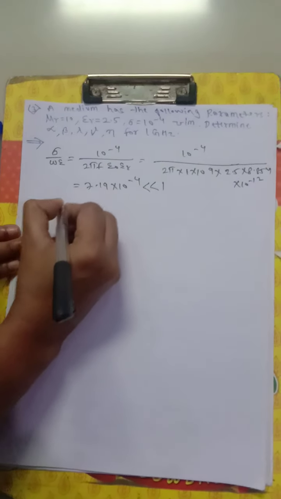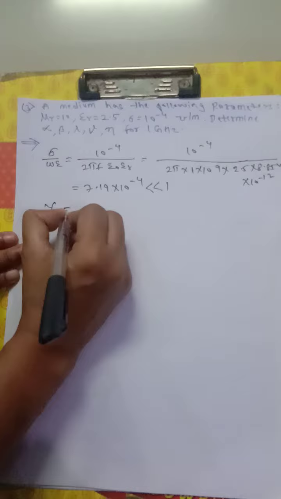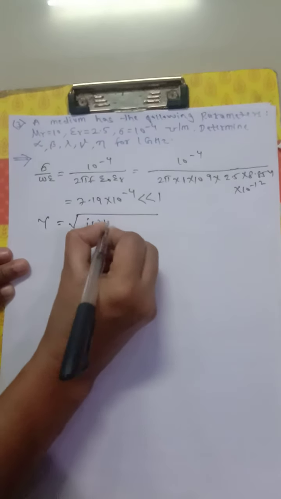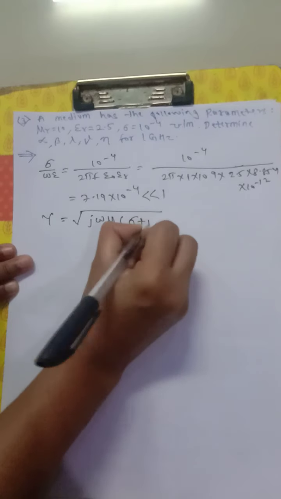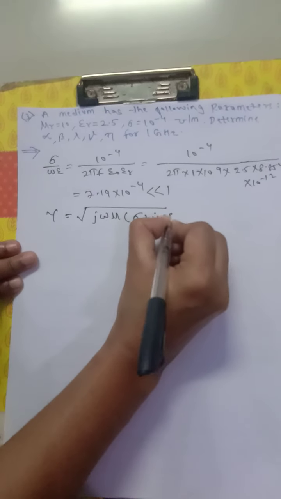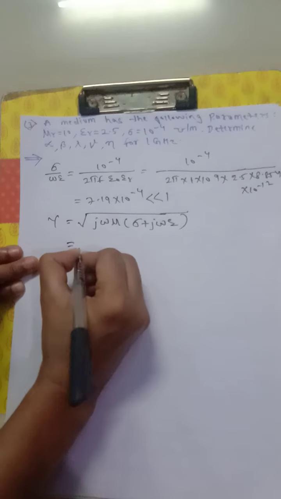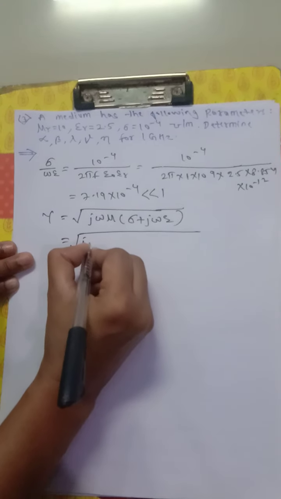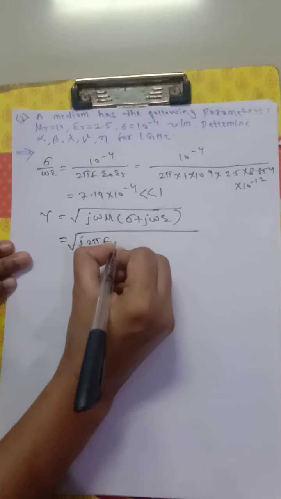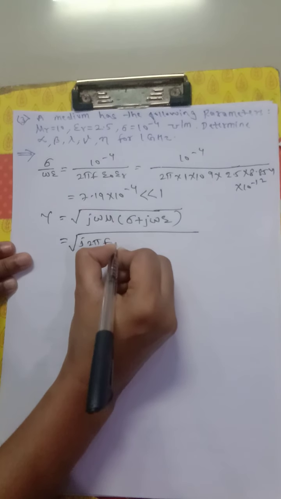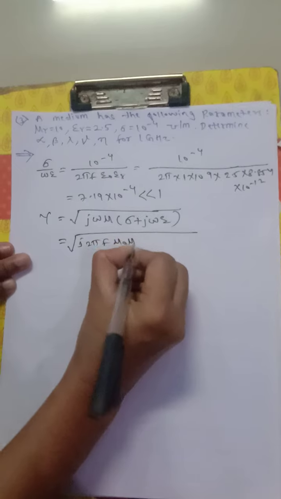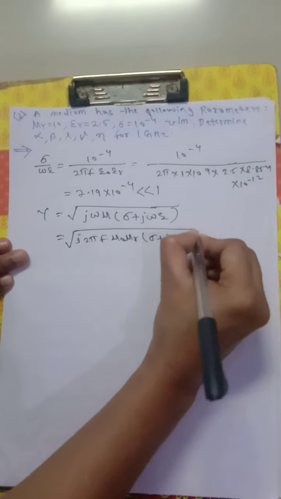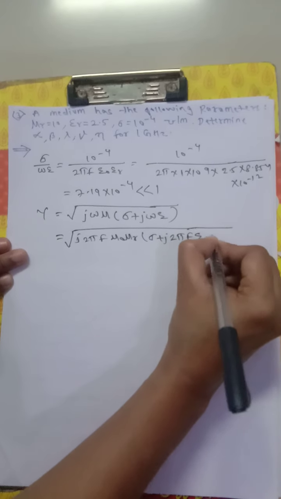Moving to the next, the propagation constant is equal to the root of j omega mu times conductivity plus j omega epsilon. Here j 2 pi f, and mu is mu 0 mu r, into conductivity plus j 2 pi f epsilon 0 epsilon r.